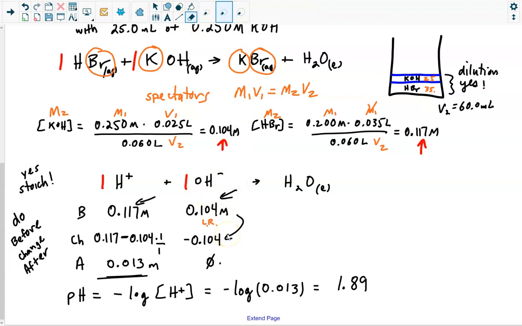So you are at a point before the equivalence point in the reaction between an acid and a base. Because you have leftover hydrogen ion, the pH is going to be in the acidic range, and to find the pH, you simply take the negative log of that concentration of hydronium, and you get 1.89.